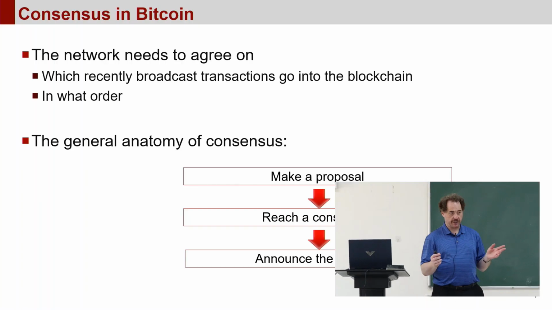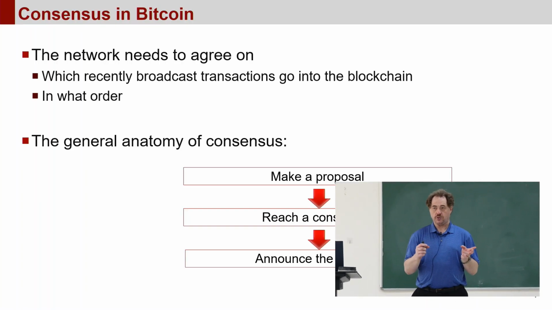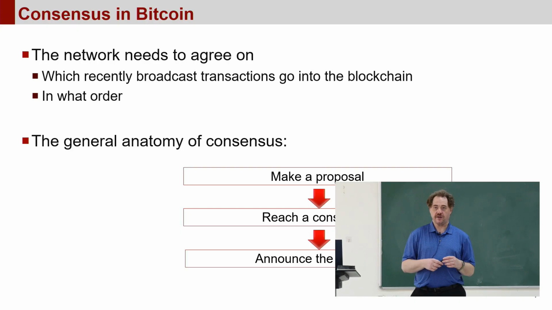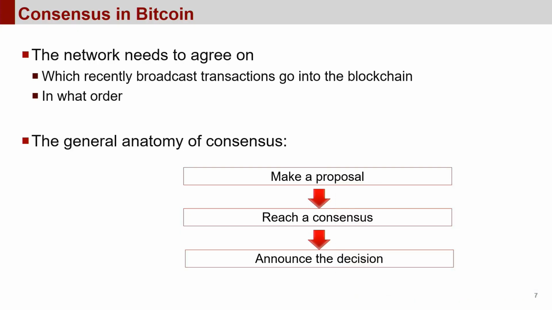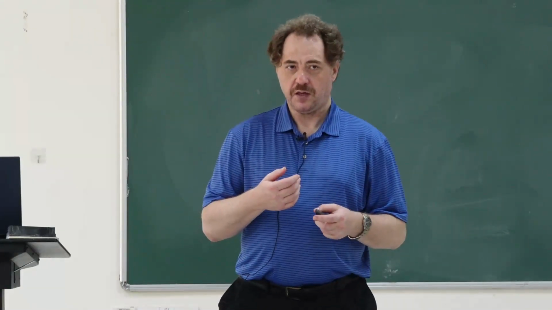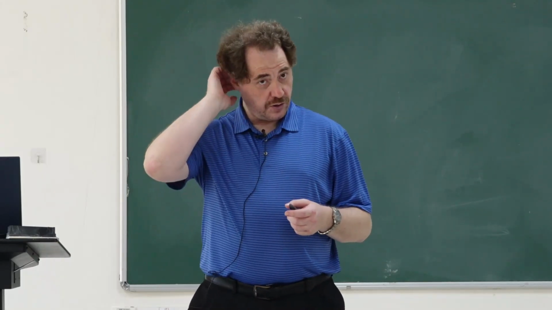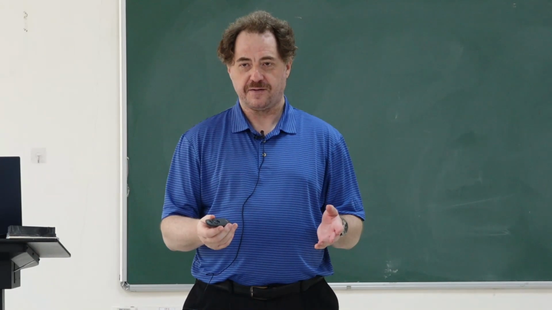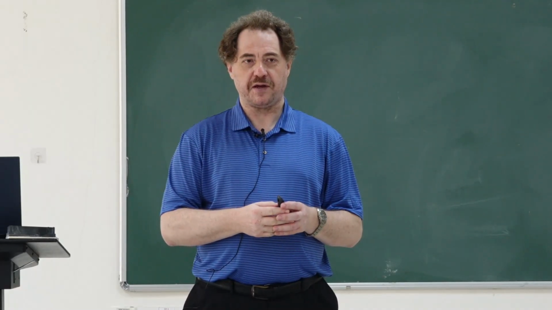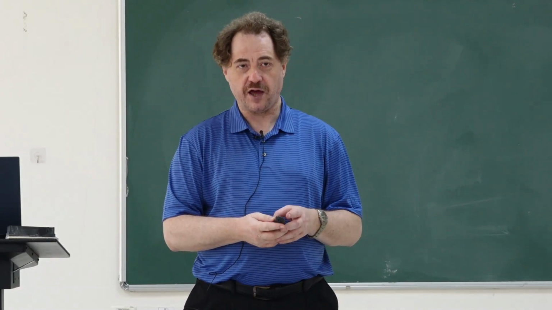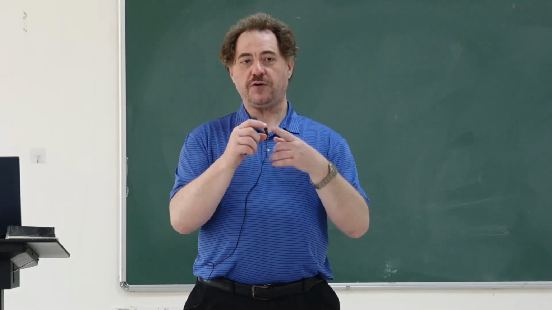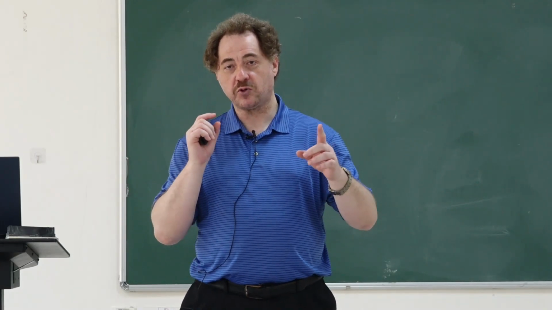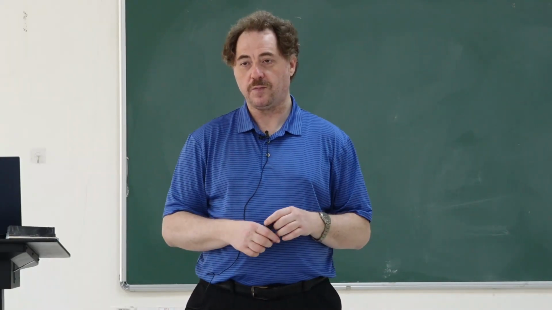Imagine you have double spending, so someone tries to use the same funds. It's not possible in the real world. If I have a bill of 100 rupees, I would not be able to spend it twice. In the virtual world, however, I can create two different transactions which will try to spend the same UTXO.